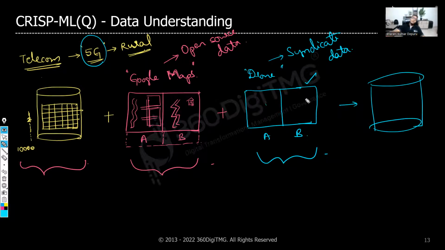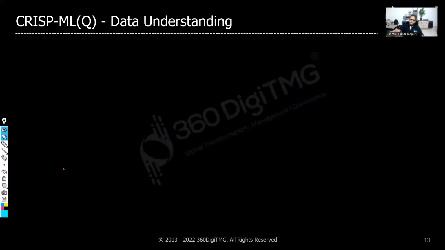And if the data is already available with either the drone analytics company or with Google or the customer, that data source would be called a secondary data source. Since data is already available, you can easily go collect the data.